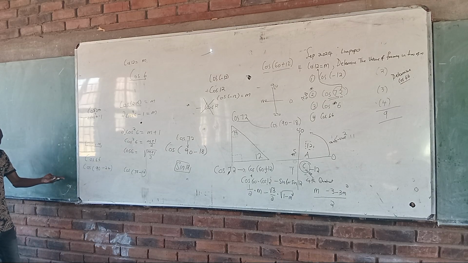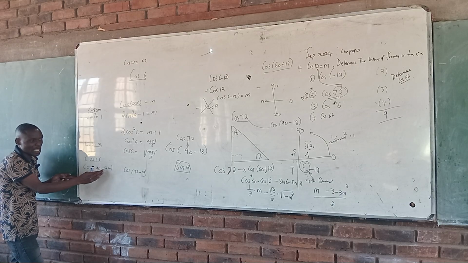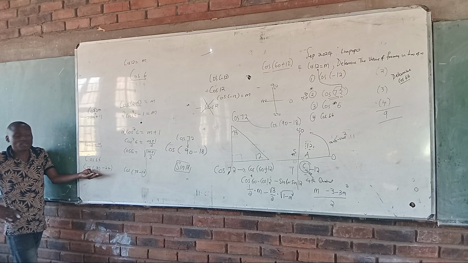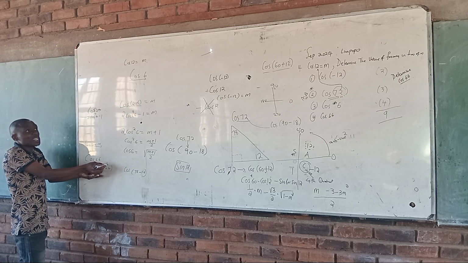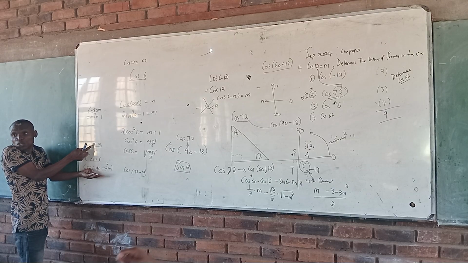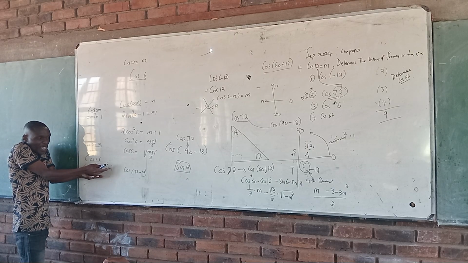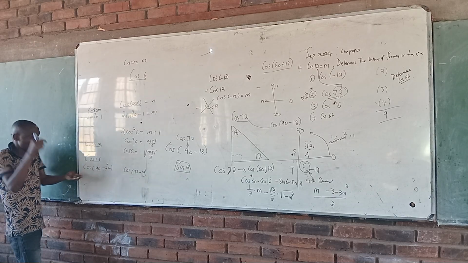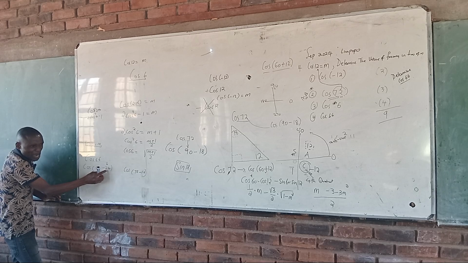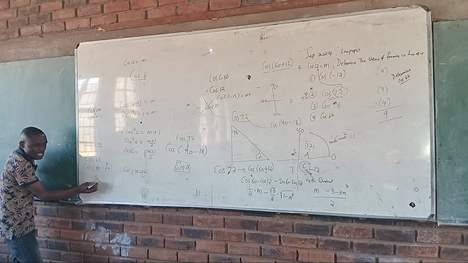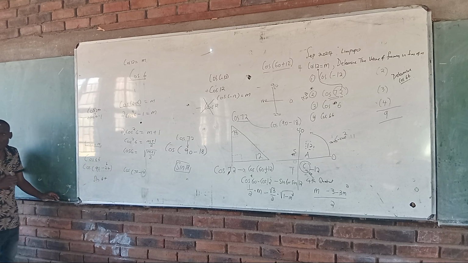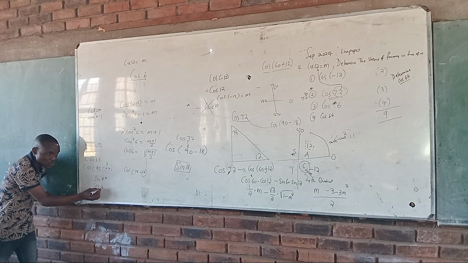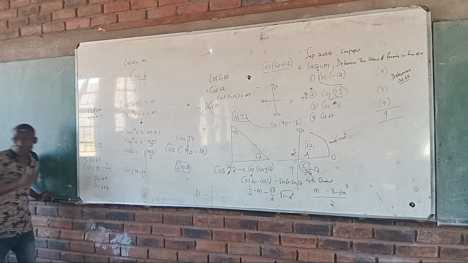Again, you are going to say cos 90 minus 24. So now you are going to have what? Cos 90 minus 24 is sine 24. Now, you know 24 is 2 times what? 12.